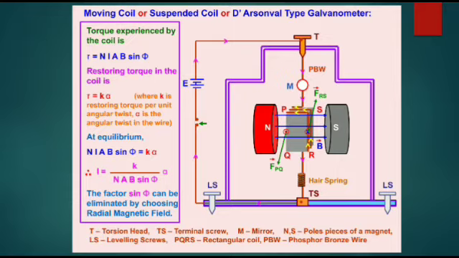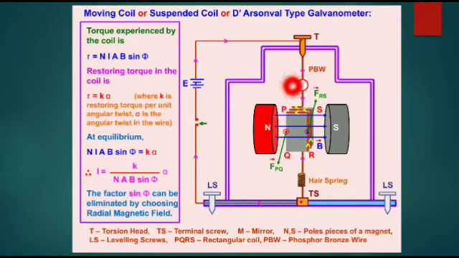See this? The upper end of the rectangular coil is attached to one end of the strip of phosphor bronze, and the lower end of the coil is connected to the hairspring, which is also made of phosphor bronze. The coil is freely suspended, and a small mirror is attached to measure the deflection of the coil.